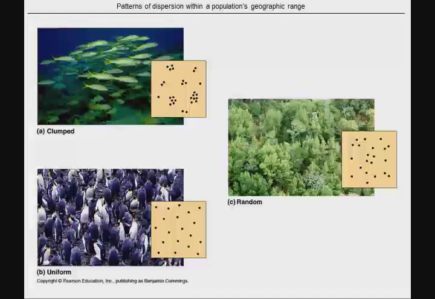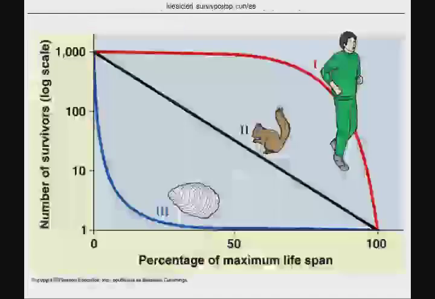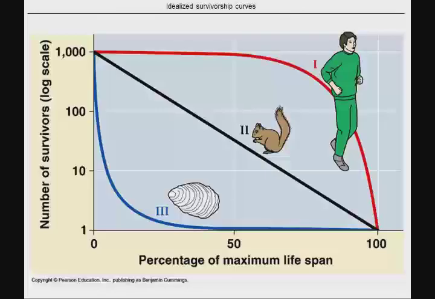unit area. Now, the next idea, when we look at the number of individuals and their ages, actually, there are three major patterns that develop when you look at animals. And that is, it's called a survivorship curve, right? So these are idealized curves as examples, but again, it's a starting point then to compare a real population of plants or animals that you would study in the real world.